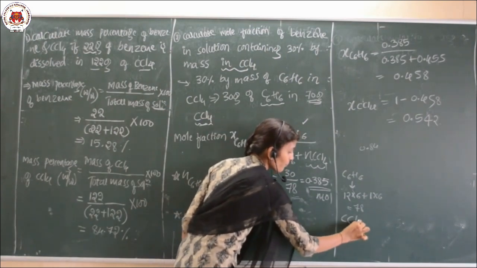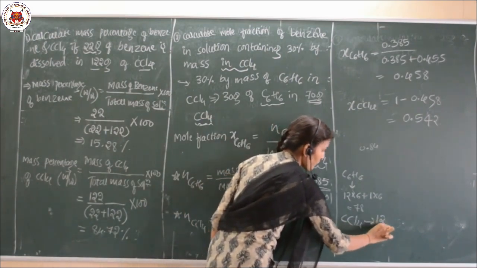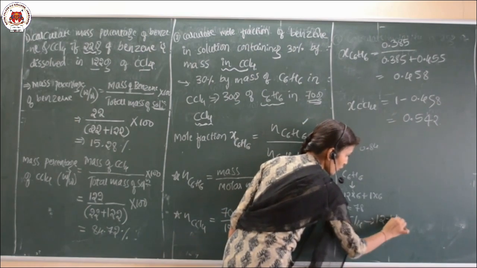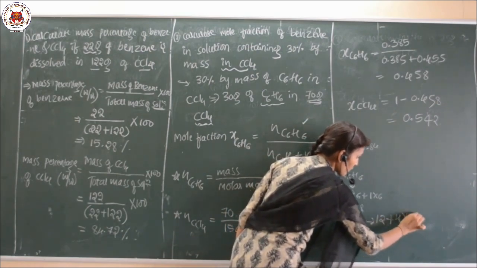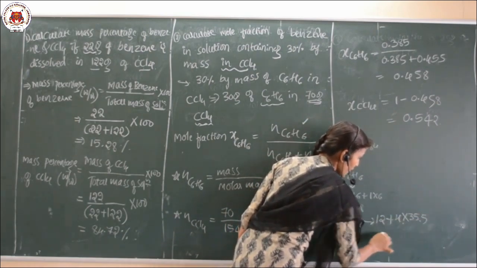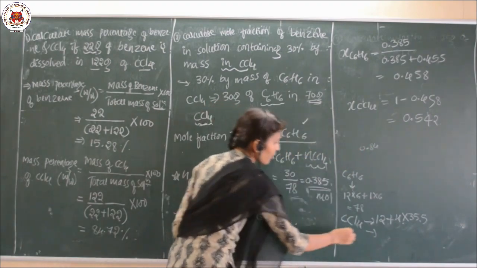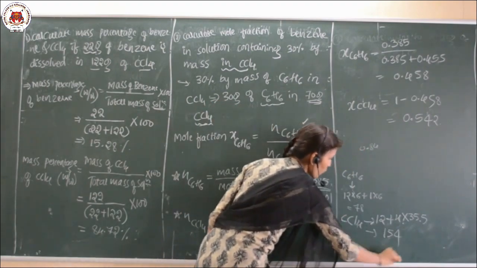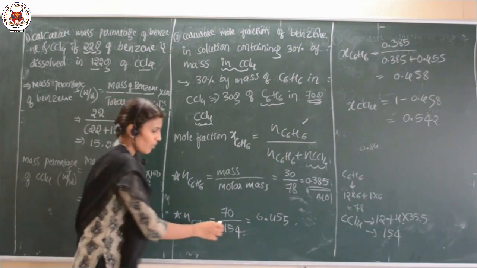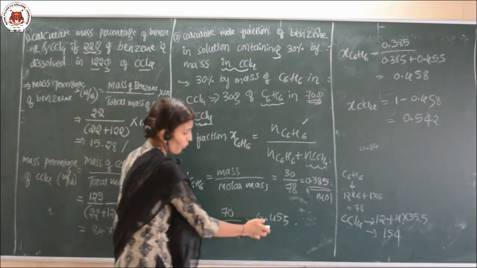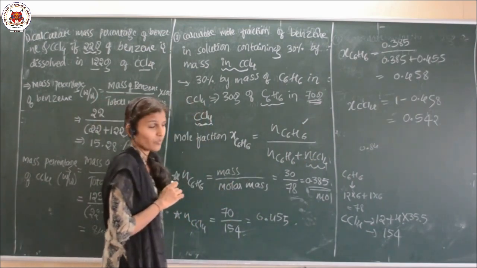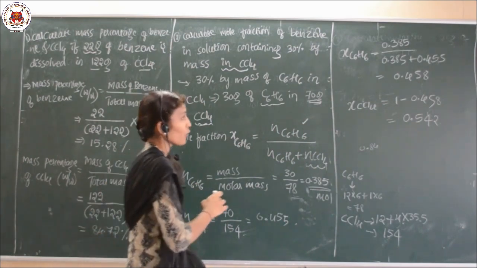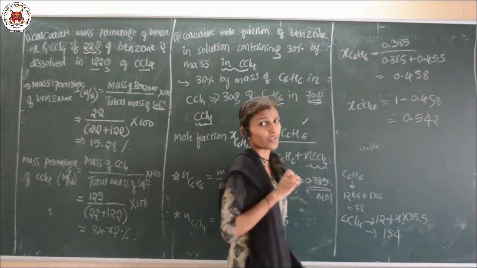CCl4: 12 plus 4 chlorine, 35.5 you can take. So finally you are going to get 154 as the molar mass. 70 divided by 154 will be 0.455.